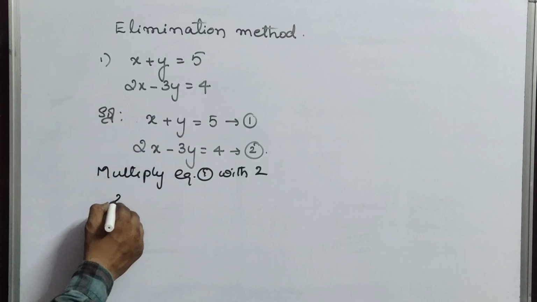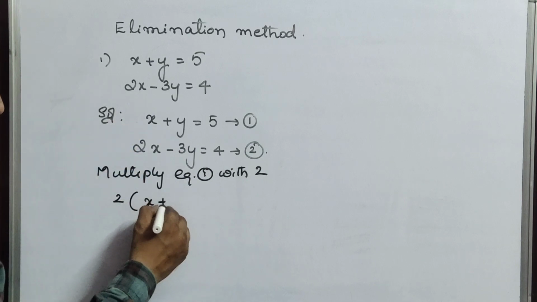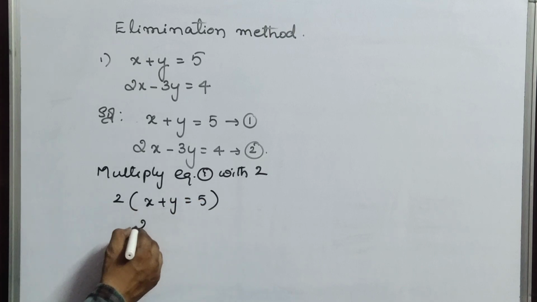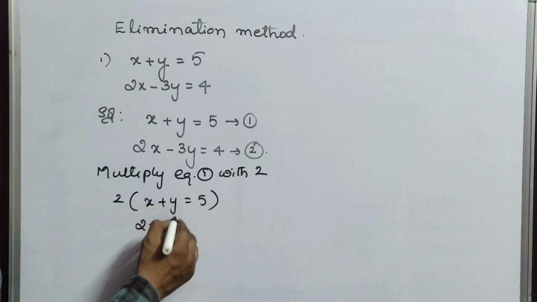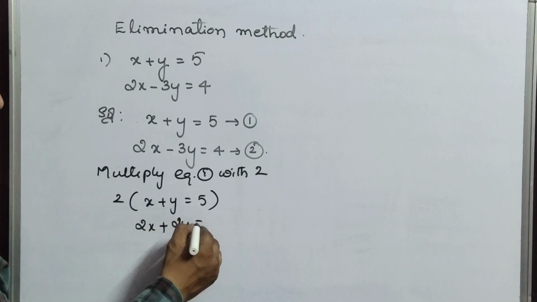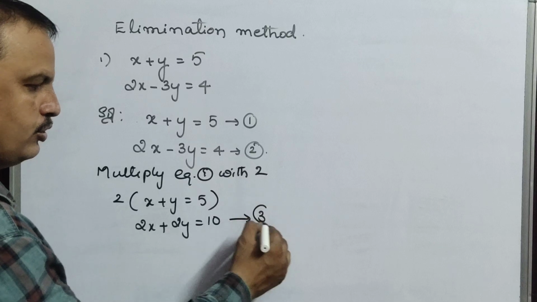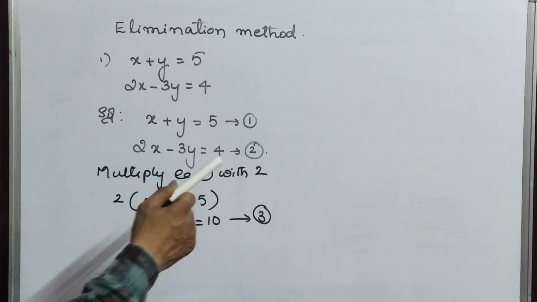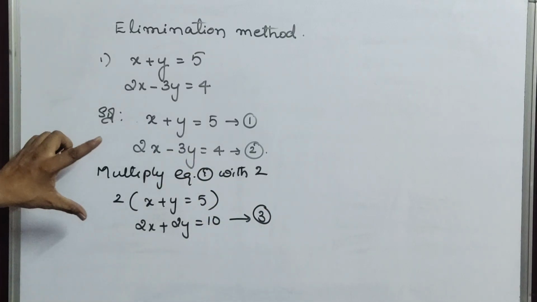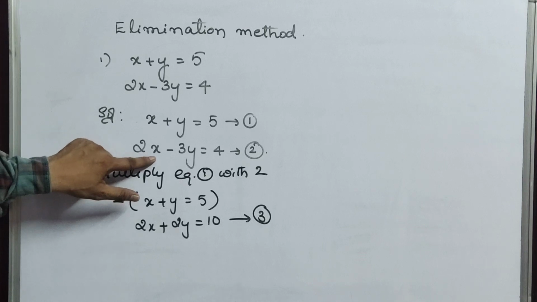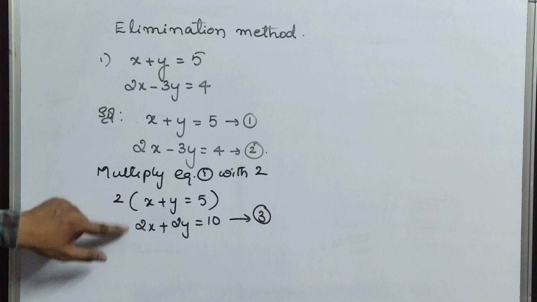That means 2 of x plus y equals 5, that is 2 into x, 2x, plus 2 into y, 2y, equals 2 fives are 10. Now you got a new equation, that is the third equation. Now see clearly, equations 2 and 3: now the x coefficients both are equal.